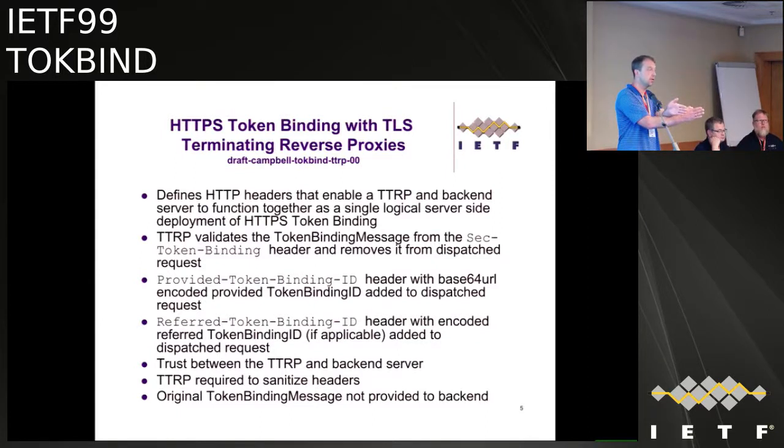The point of most of these terminators is that they don't do TLS back to the actual application. Many of them do. Many of them don't. Many people do this, but most people buy these things so they don't have to worry about that.